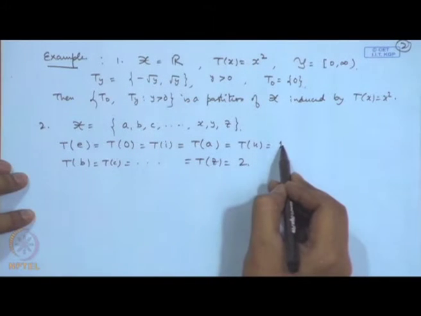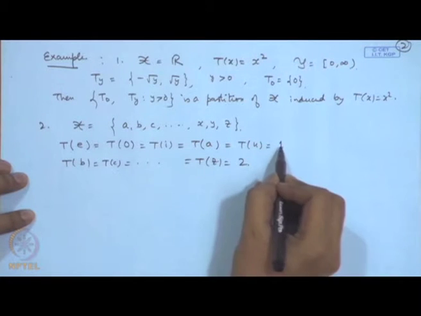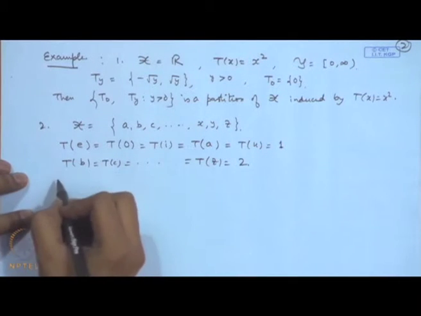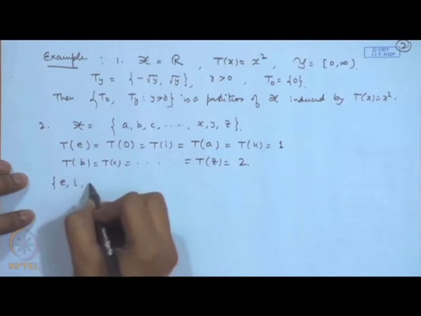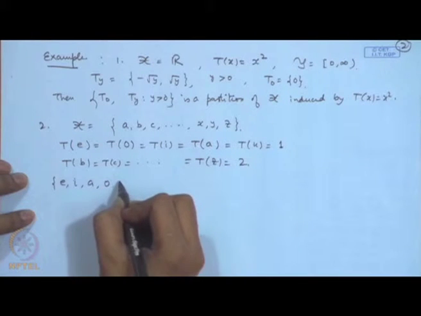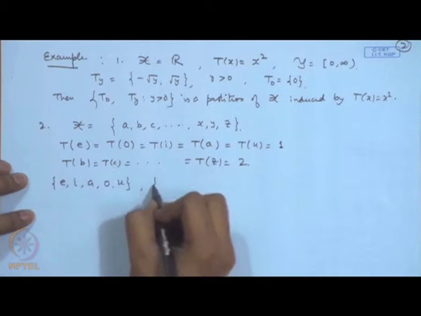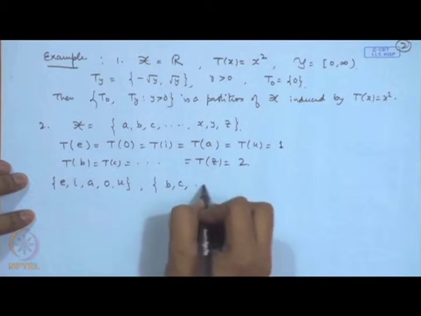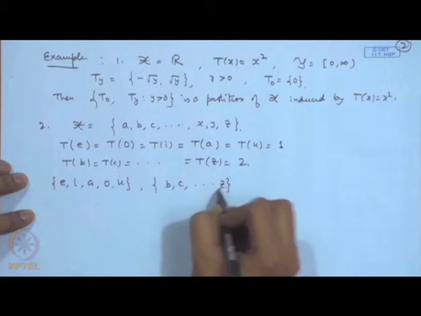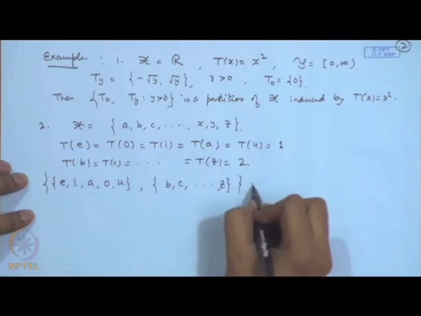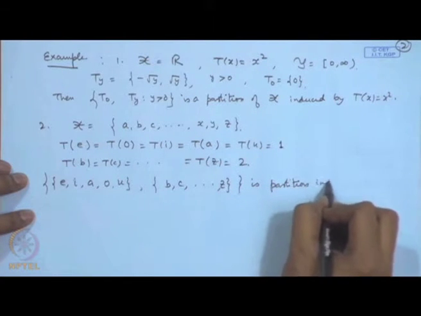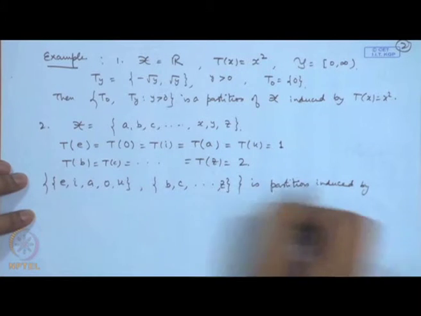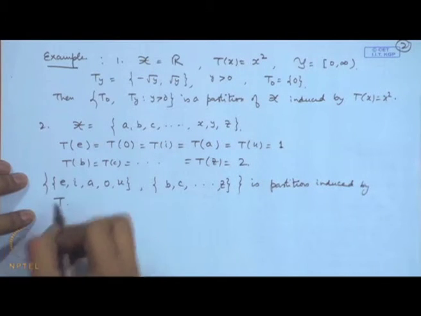Then if I consider the inverse images of 1 and 2 respectively, what you will get is E, I, A, O, U as one set and the other set will be the remaining B, C and so on. Then this is the partition induced by this function T.